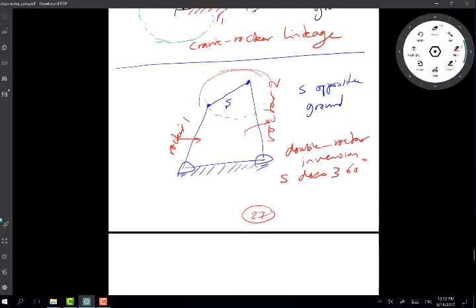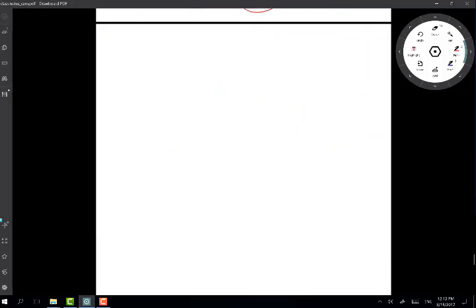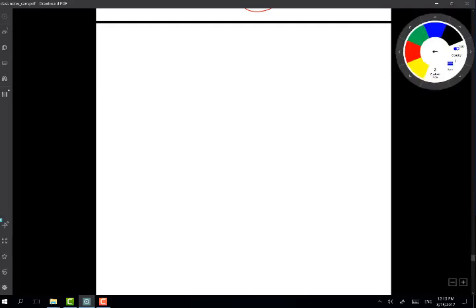Now, if S was not allowed to rotate, I still have a Grashof arrangement, meaning that the condition applies, so S plus L is still less than P plus Q, but S, the shortest link, is stationary. So in this case, I get a different arrangement. That's S like that, and those are the other ones around it.